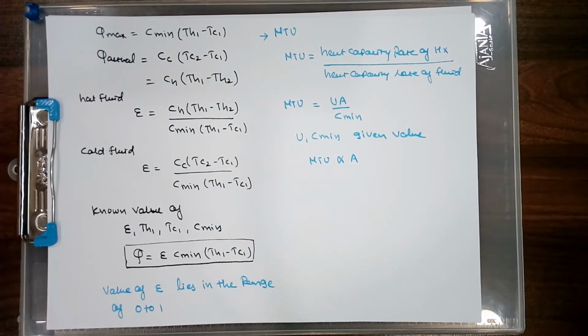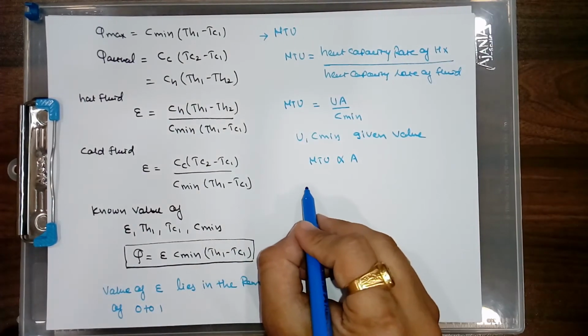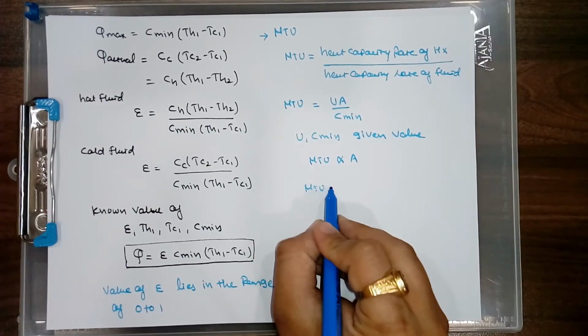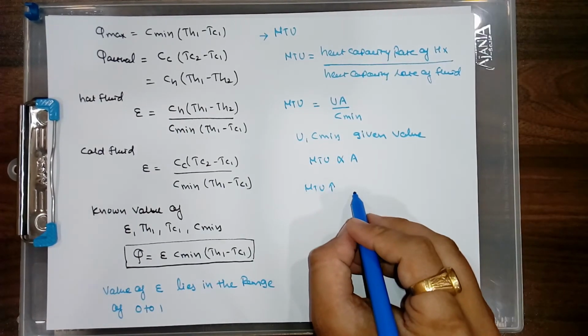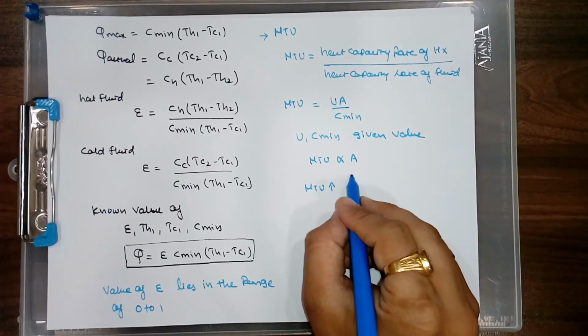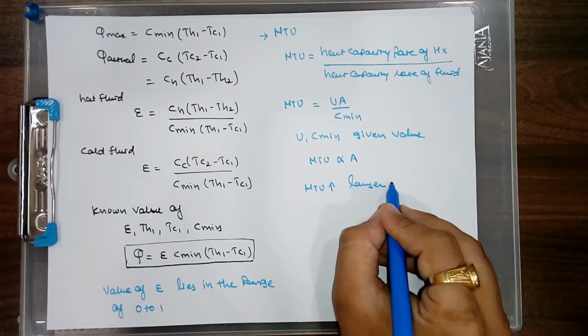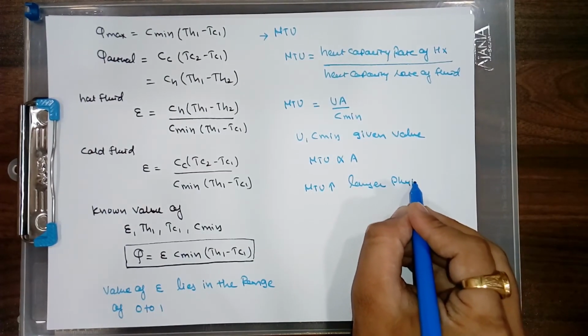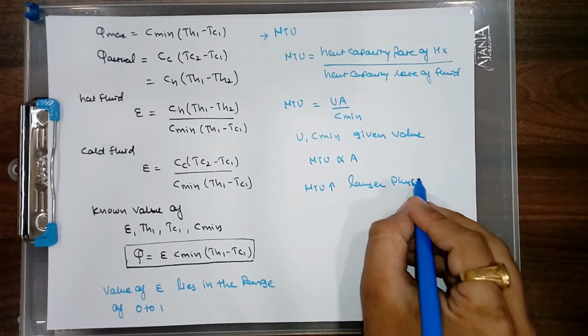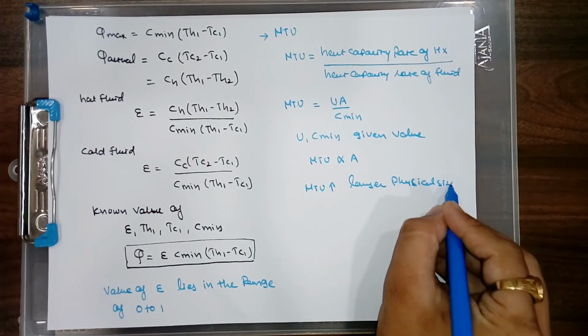So NTU is the measure of the physical size of the heat exchanger, and as the NTU increases, a larger size of heat exchanger is required. So if the NTU increases, you need a larger physical size.